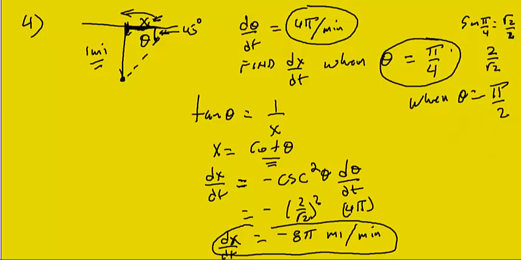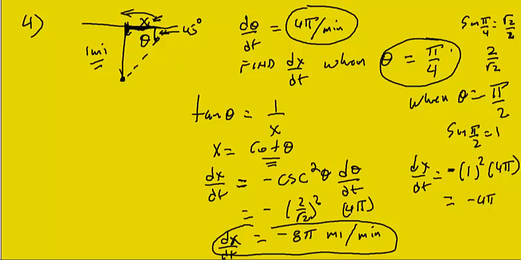What is sine of π/2? When you flip it, what are you going to get? 1. Okay, so dx/dt turns into negative 1 squared times 4π, which is negative 4π, and this is miles per minute.